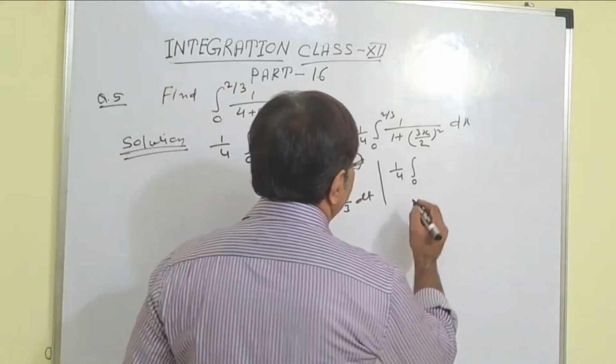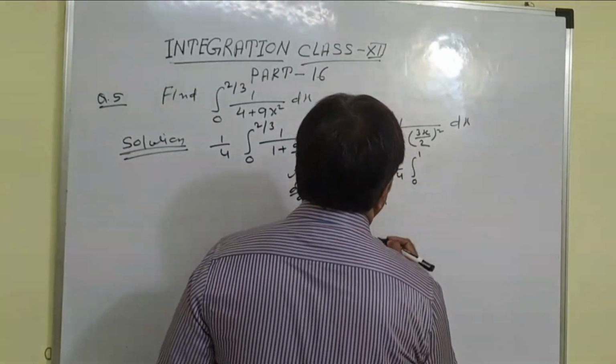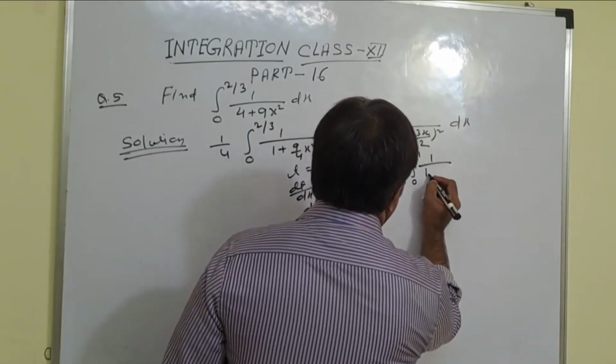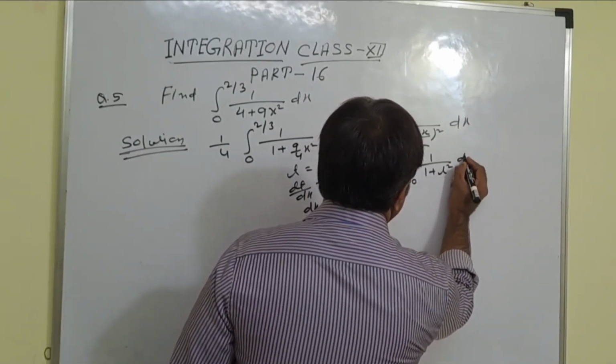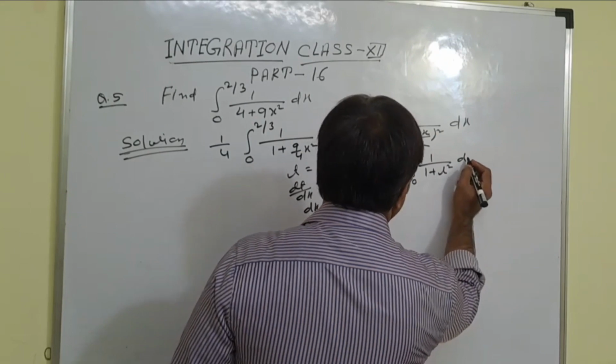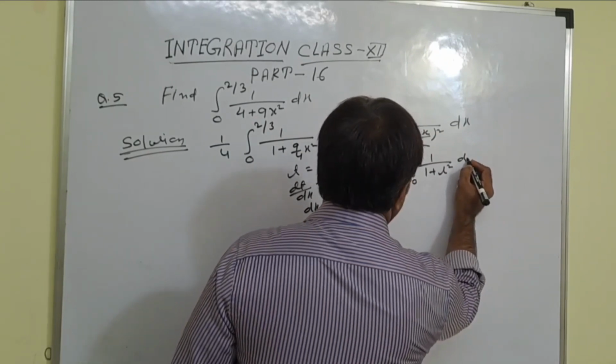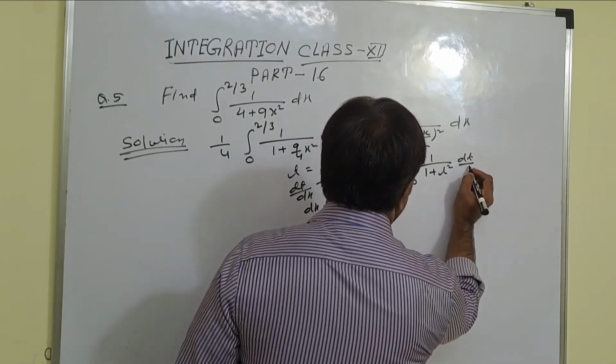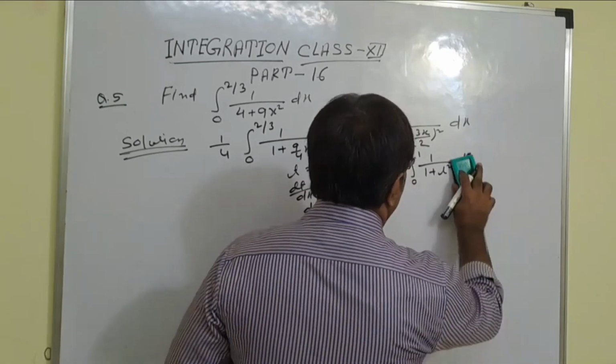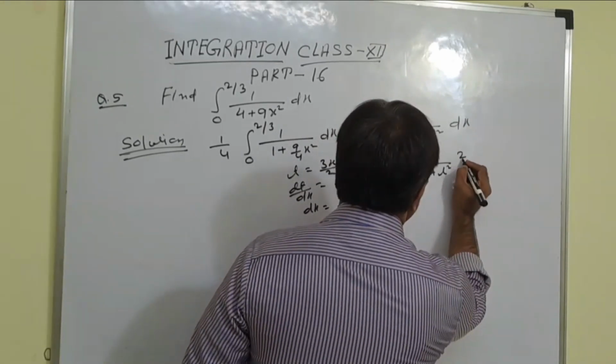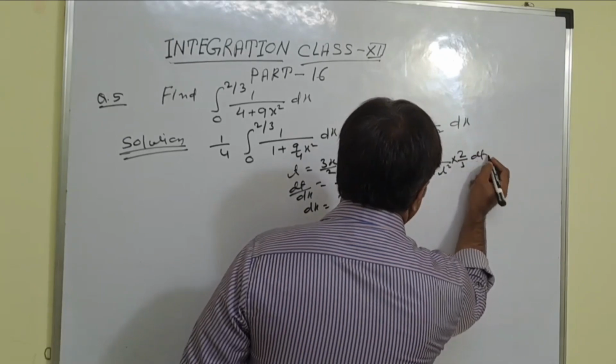So the limits are 0 to 1, and we get 1 upon 1 plus t square dt, with the factor 2 by 3 dt.